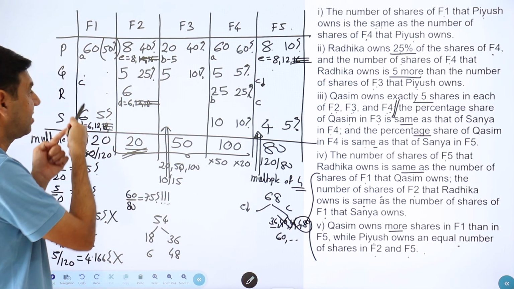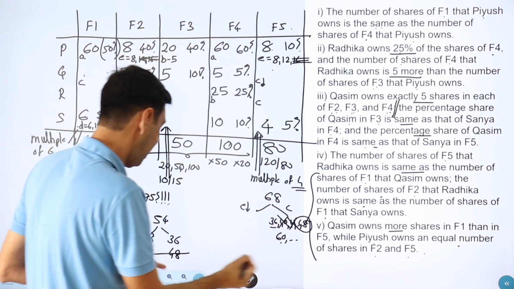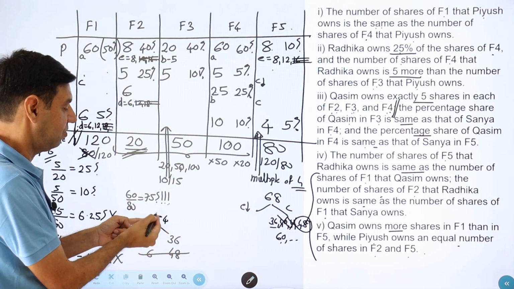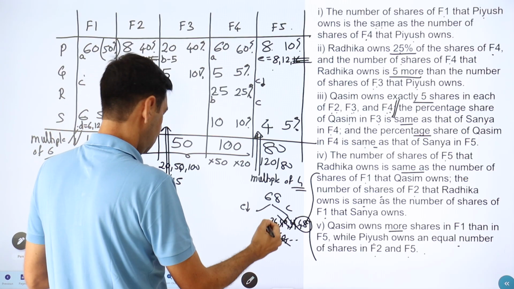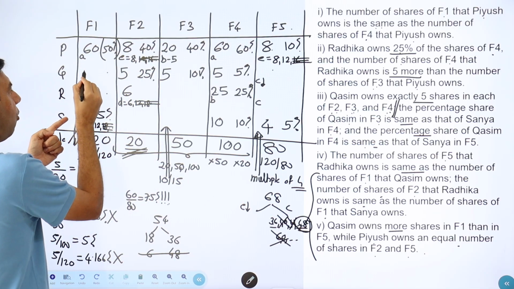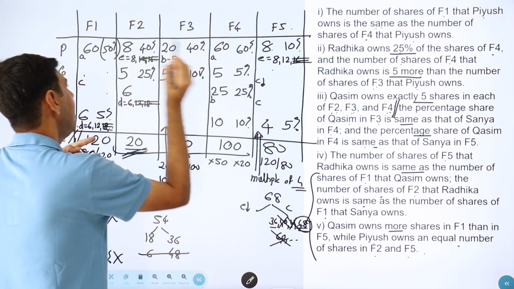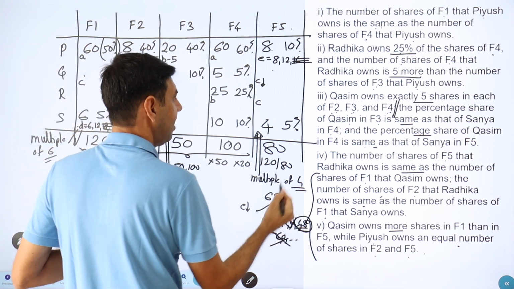Now, can this be a 6? Can there be two 6s? No. And if you take more than that, 60, you can't have more than 60, no? C has to be less than 54. So you can't use a 48, because if you take this as 48, this will become 48 and this will become 6. So the only thing left is 36.